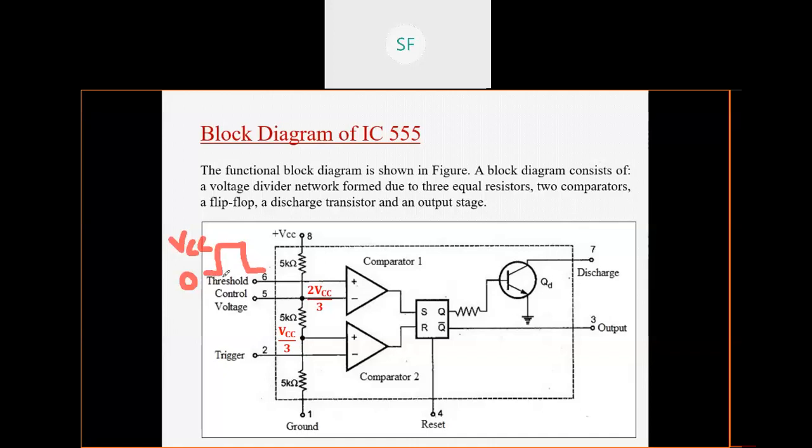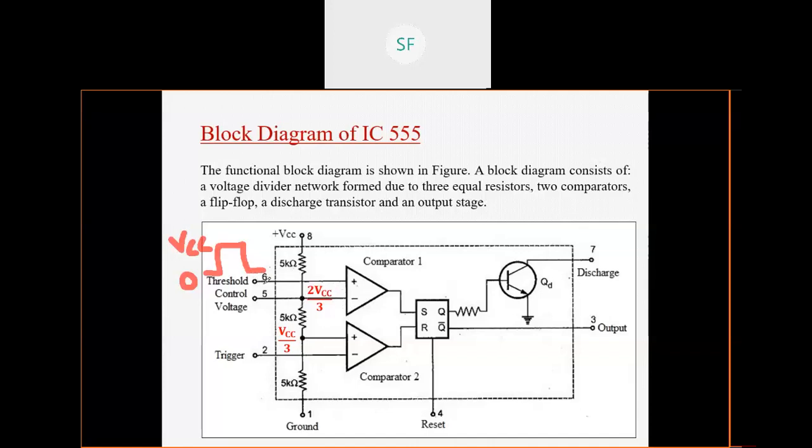While going from 0 to VCC, as the value increases, an instant will come when your voltage will be greater than 2 by 3 VCC, obviously, right? So at that particular point, what will happen?